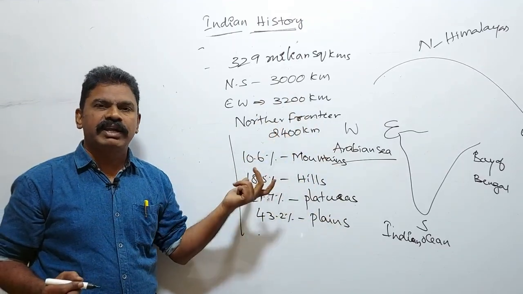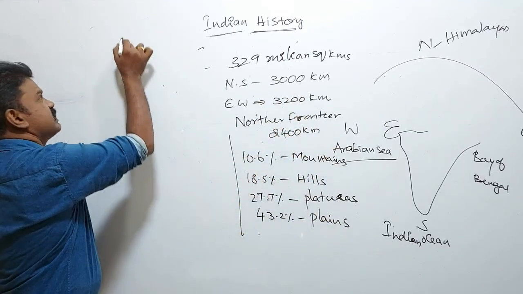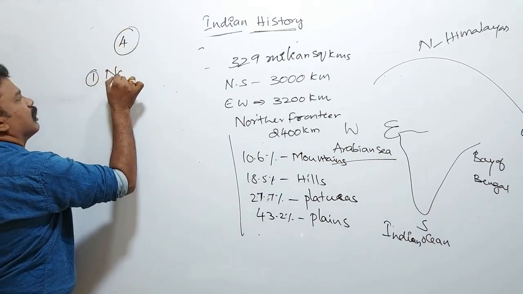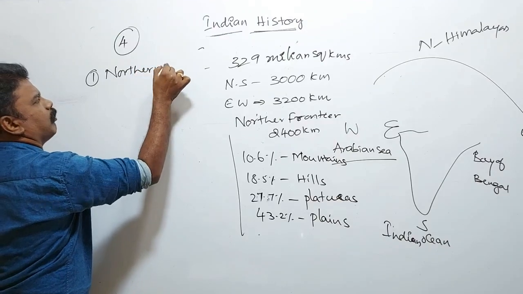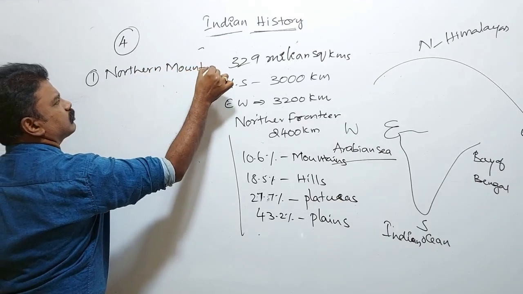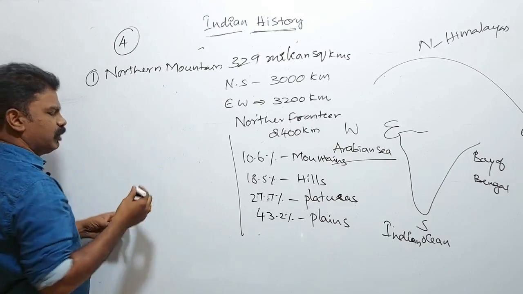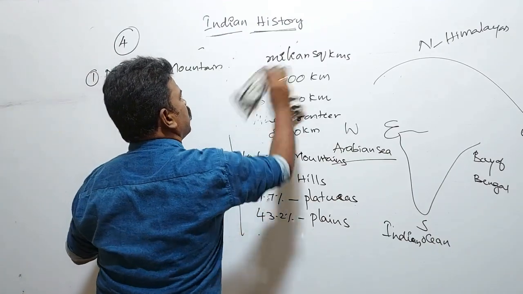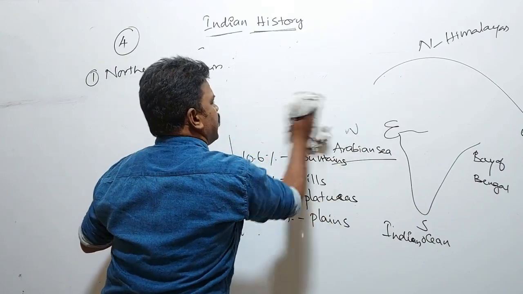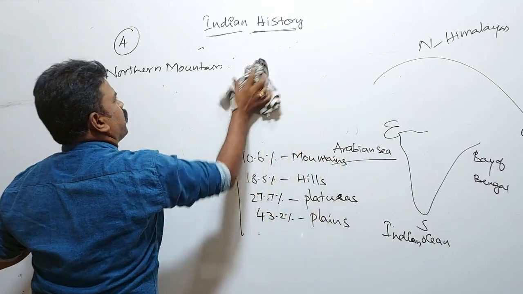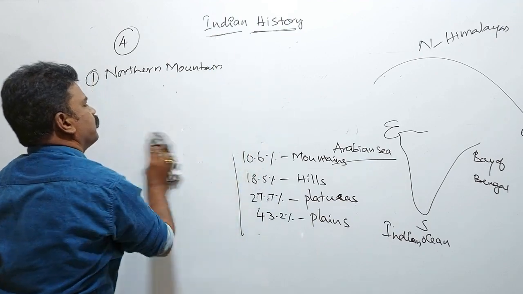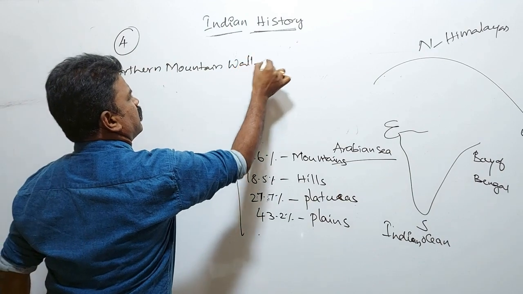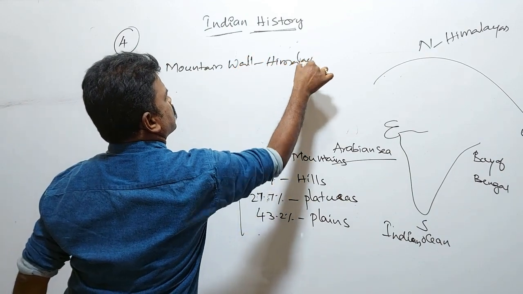Based on this, India can be divided into four major geographical units. First is the northern mountain wall. These are the Himalayas.